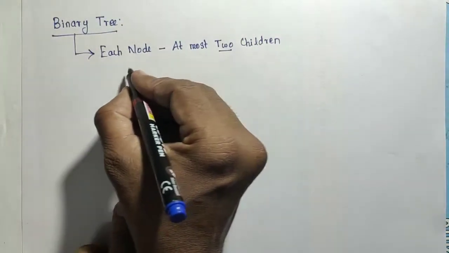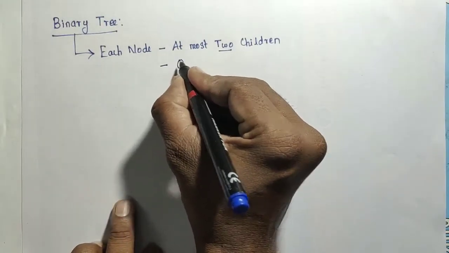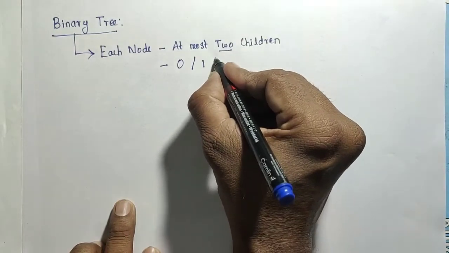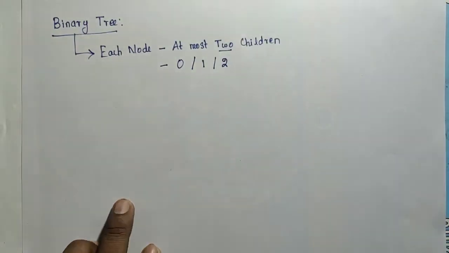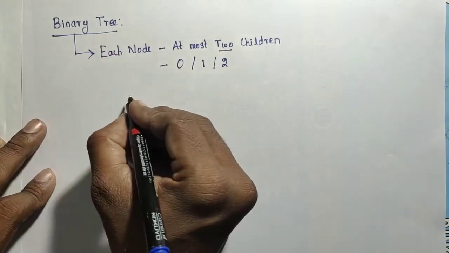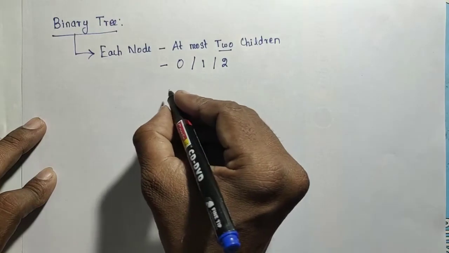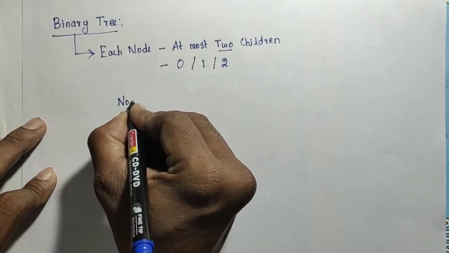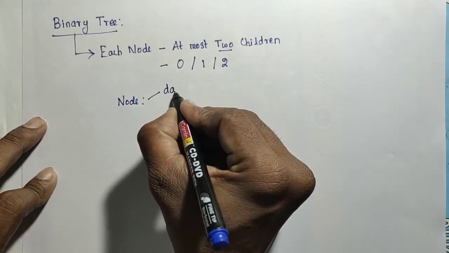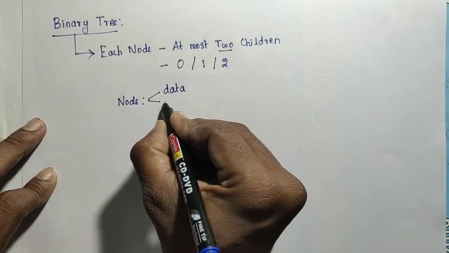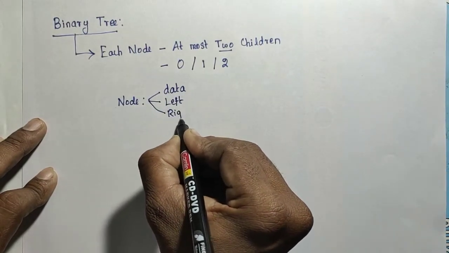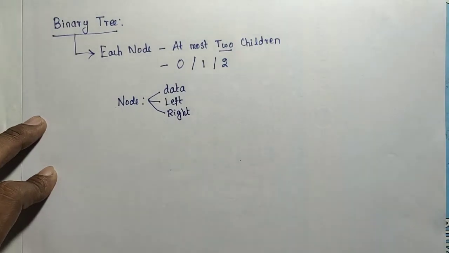So it means a node can have 0 children, or 1 child, or a maximum of 2 children. Okay, so each node has 3 fields. One is the data, another one is the left, another one is the right.